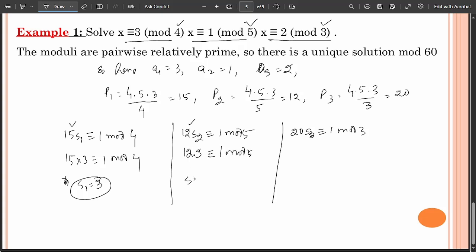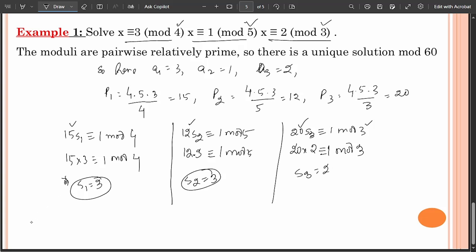That means s2 equals 3. In the third case, 20 is 2 modulo 3, because 20 divided by 3 gives remainder 2. But 20 twos are 40, and 40 divided by 3 gives remainder 1. So s3 equals 2.